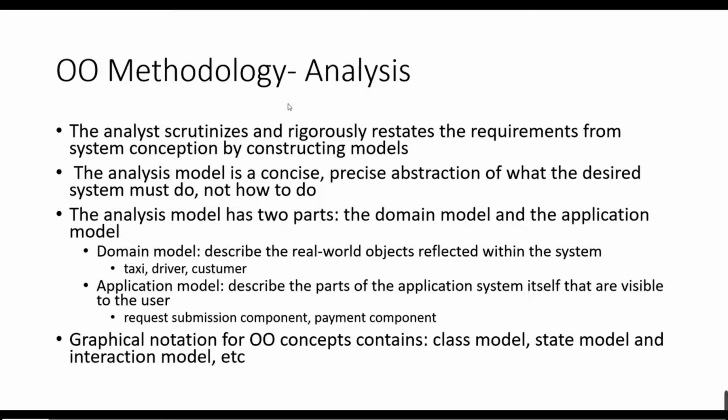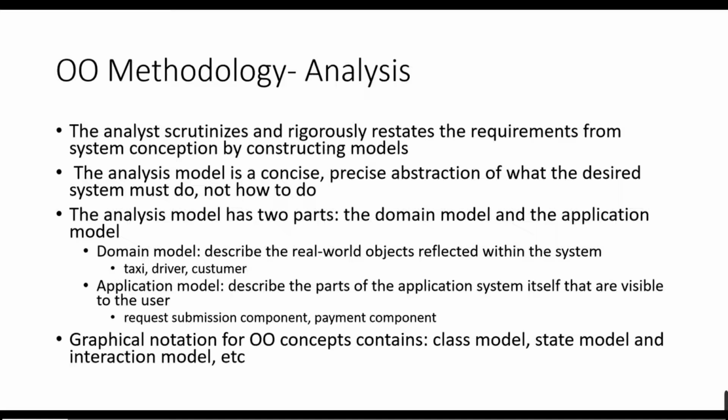And the second process is analysis. The analyst scrutinizes and rigorously restates the requirements from system conception by constructing models. The analysis model is a concise, precise abstraction of what the system must do, but not how to do it.